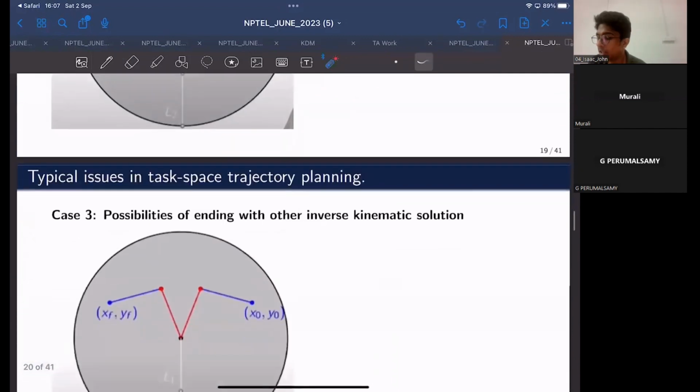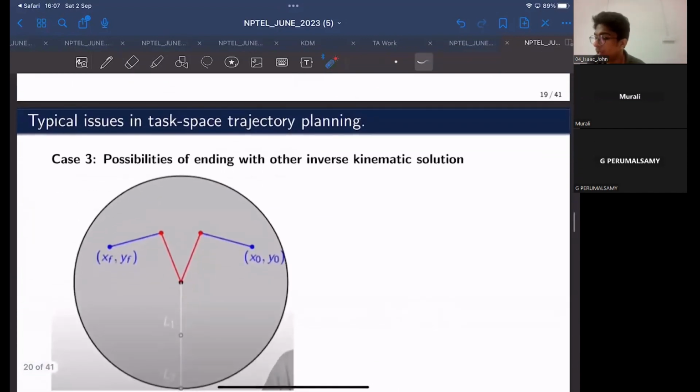And the final thing, case 3, would be possibilities of ending with another inverse kinematic solution. If you plan a trajectory from this initial position all the way to the final position along this straight line, the robot moves from the initial position like this, and eventually arrives at a singular configuration when the links are fully folded.